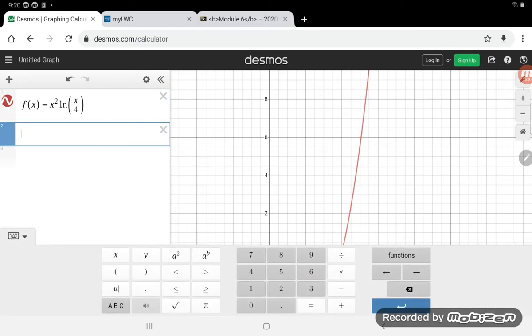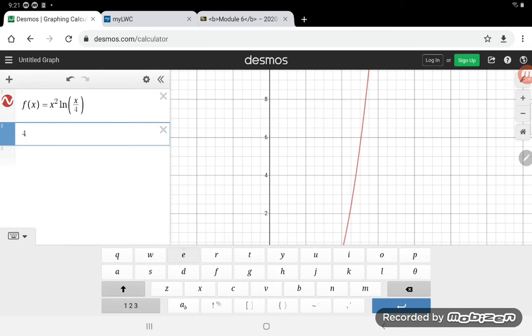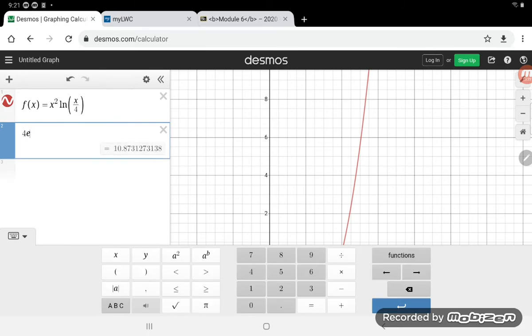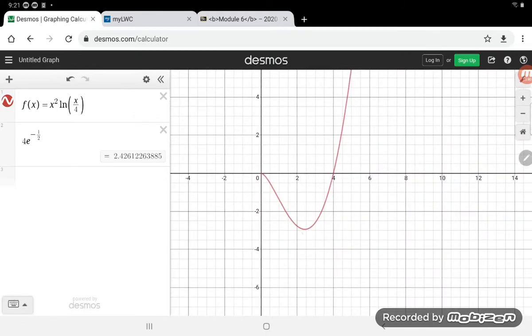Well, let's look at, what was it, 4 times e to the power negative 1/2, and that's 2.426.